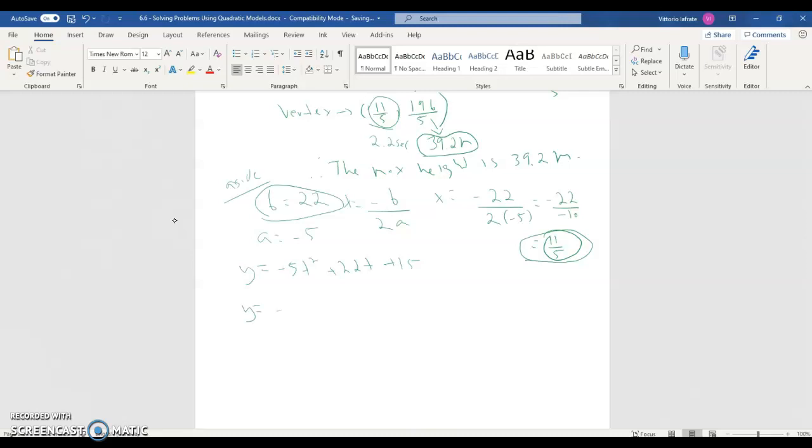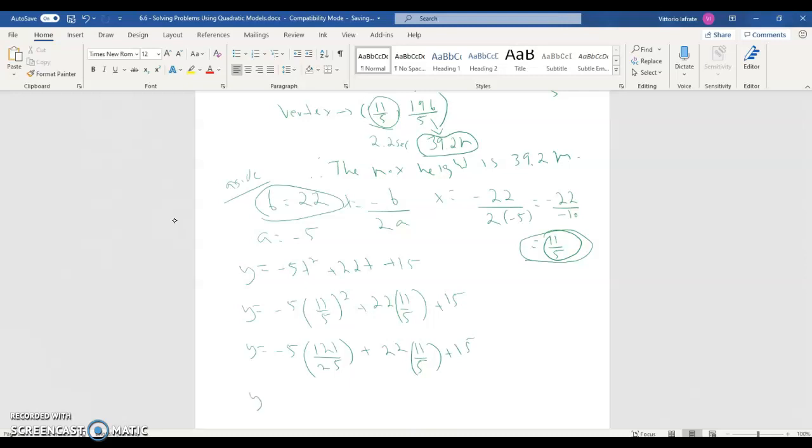So y is equal to negative 5 times (11 over 5) squared plus 22 times 11 over 5 plus 15. That means y is going to be equal to minus 5 times 121 over 25 plus 22 times 11 over 5 plus 15.